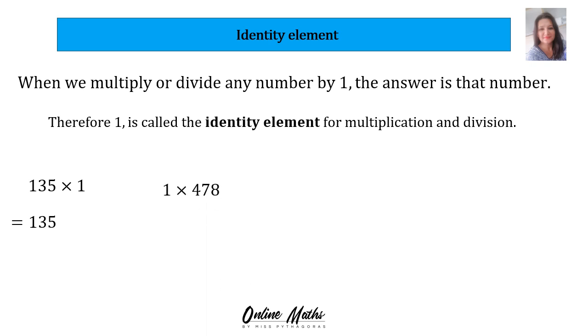Or 1 times 478 is 478. And with division, if I give you 657 divided by 1, the answer is 657, and 203 divided by 1 is 203. Therefore, 1 is called the identity element for multiplication and division.